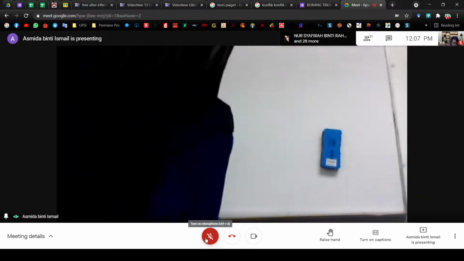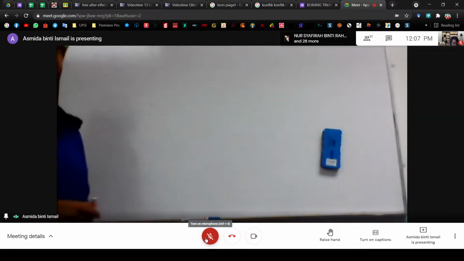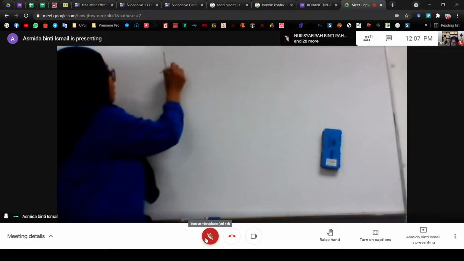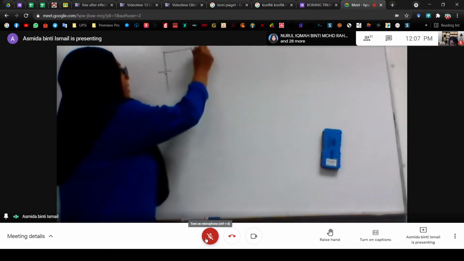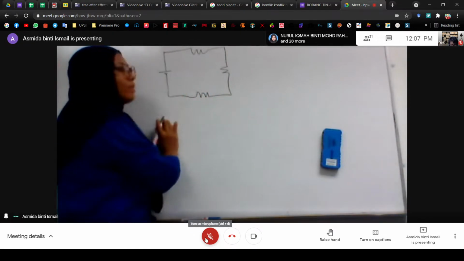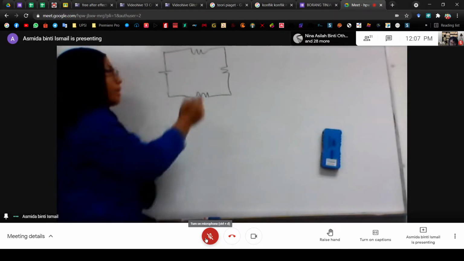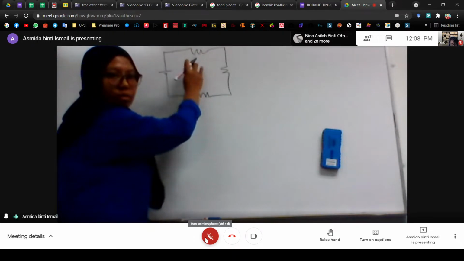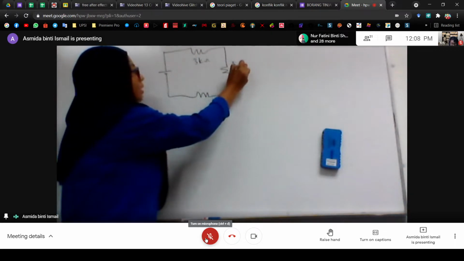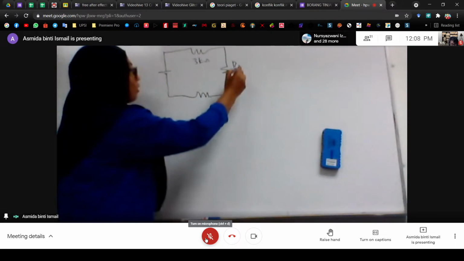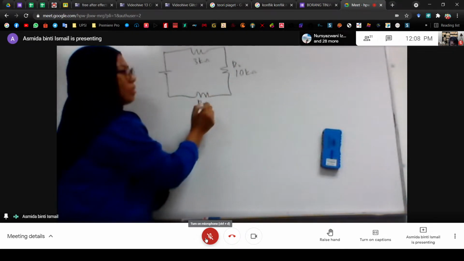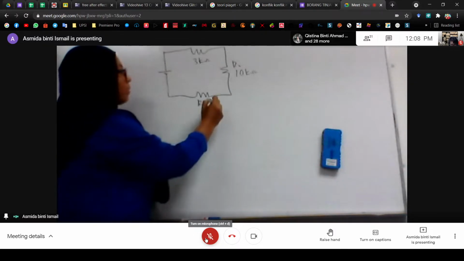Okay, for this, look at your slide. This is a series circuit, but we have values of resistance in kilo ohm. So R1 is equal to 3 kilo, R2 is equal to 10 kilo ohm, R3 is equal to 5 kilo ohm.